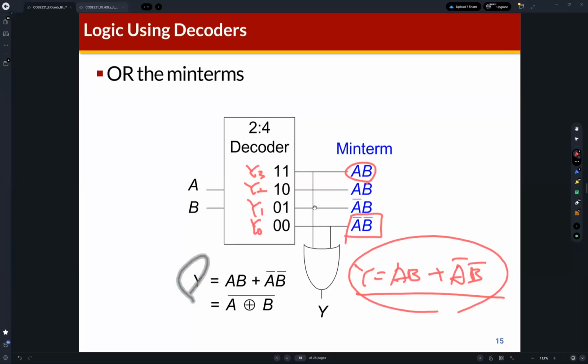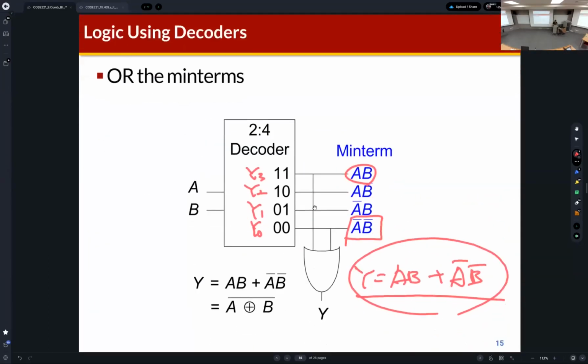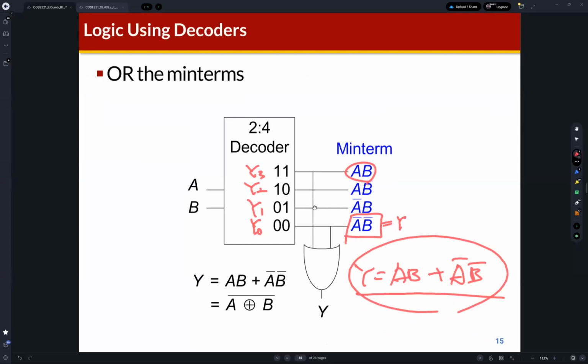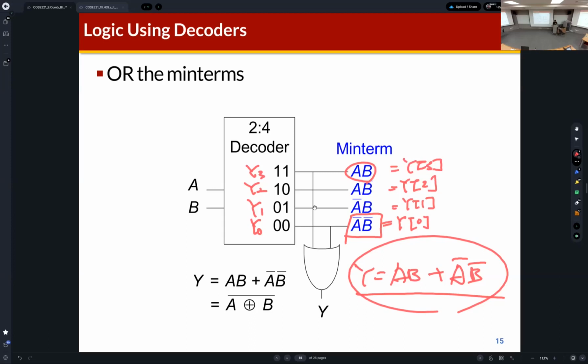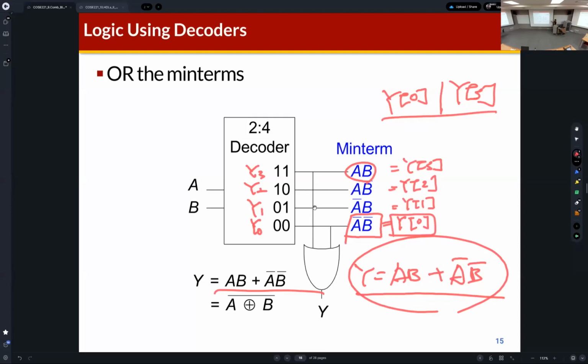So this is because when you build a decoder circuit, these are Y0, Y1, Y2, Y3. By combining Y0 or Y3, it's the same as AB plus not A not B, right?